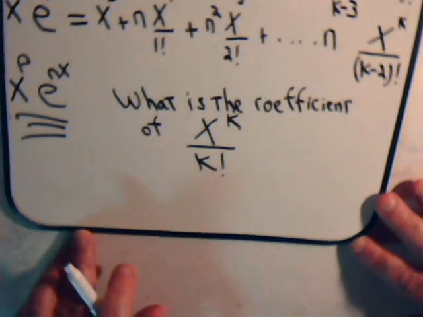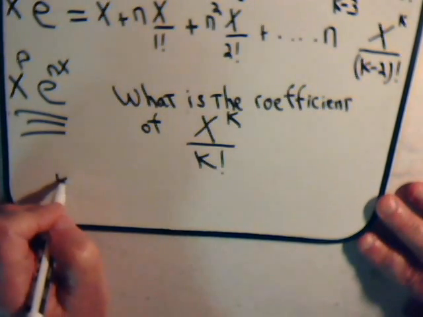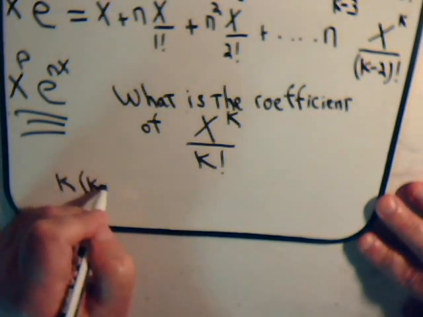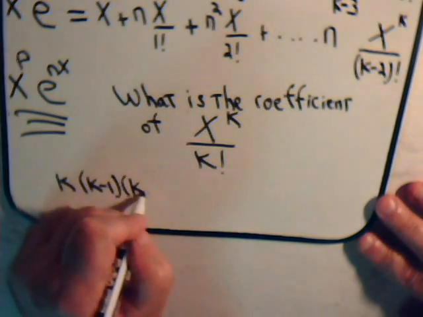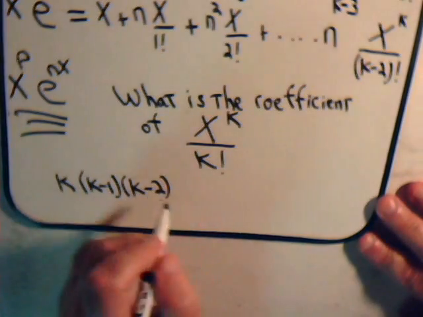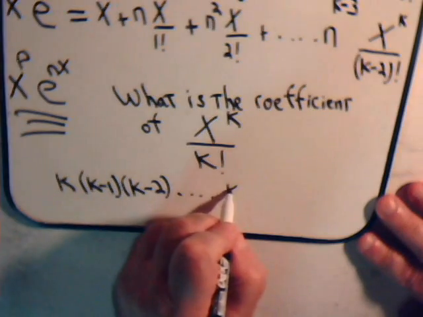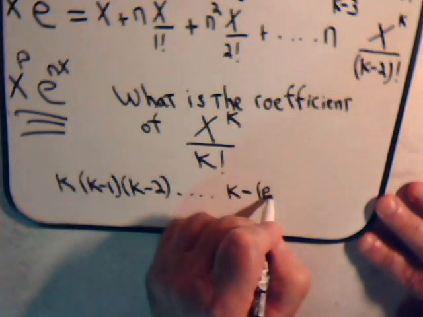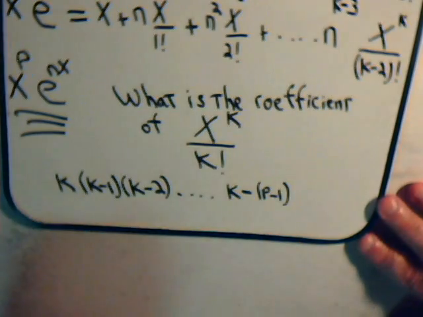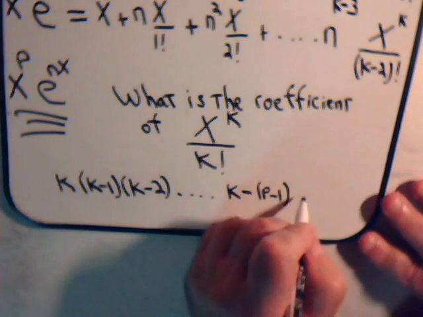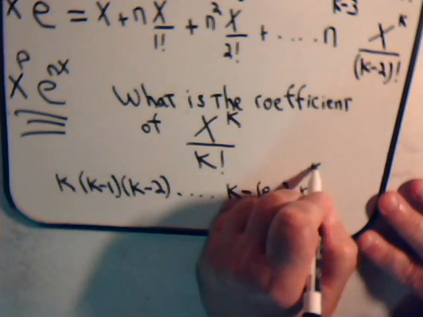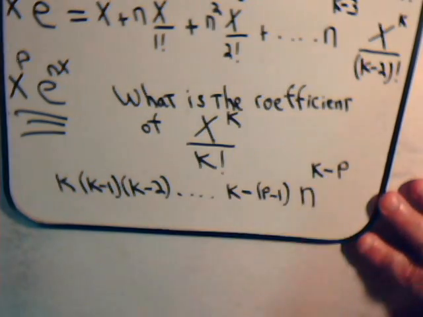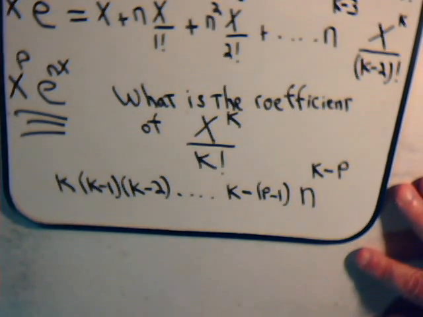And the answer is, it is k times k minus 1 times k minus 2 on out to k minus p minus 1, times n to the k minus p.